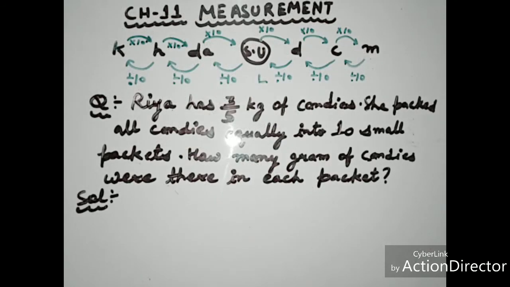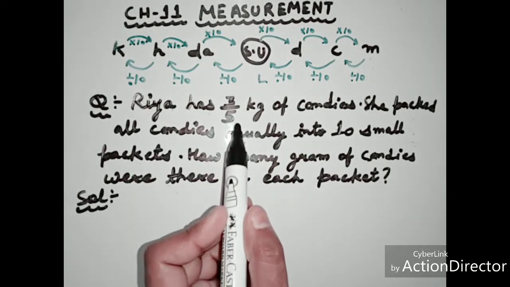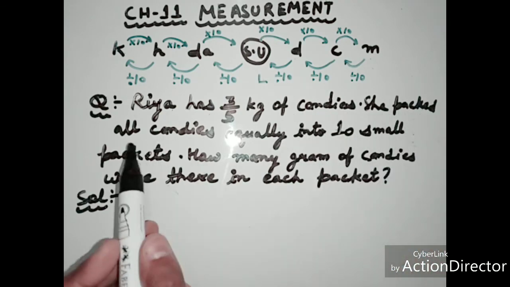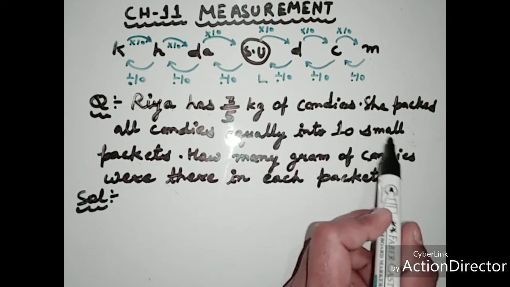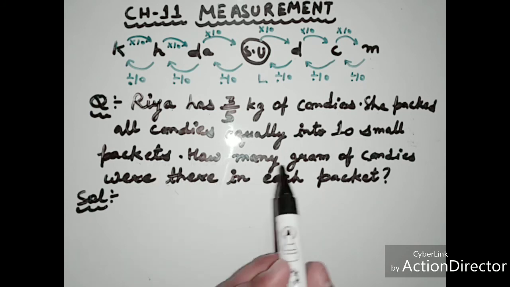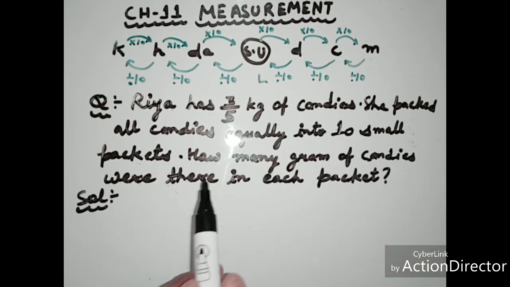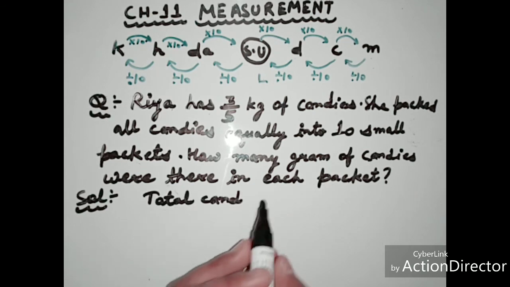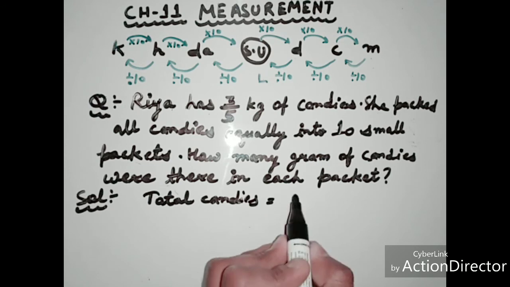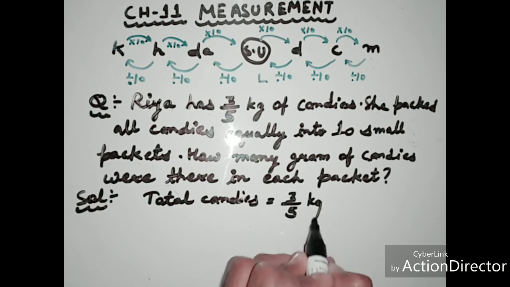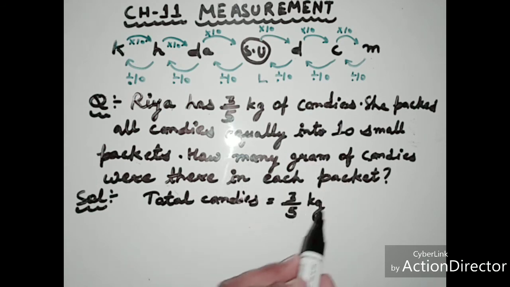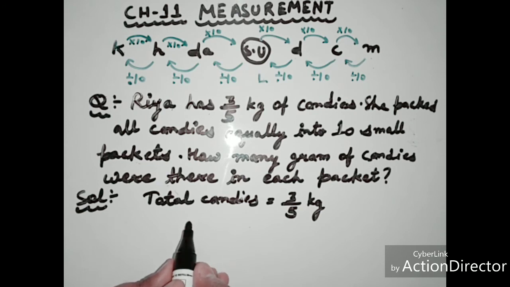Now the next example, Ria has 3 upon 5 kilogram of candies. She packed all candies equally into 10 small packets. How many gram of candies were there in each packet? So the total candies equal 3 upon 5 kilogram. And here we find our answer in gram. So here we convert 3 upon 5 kilogram into gram.